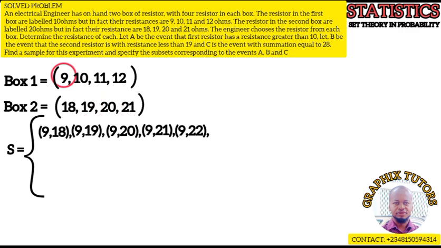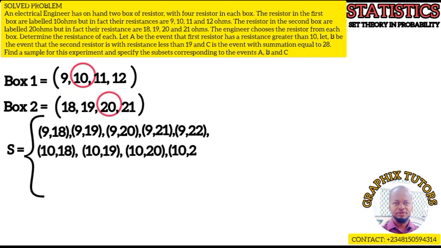That's what we have. Then you go to the next resistance in box 1, which is 10, and pair it with all the resistances in box 2. That gives 10 18, 10 19, 10 20, and 10 21.